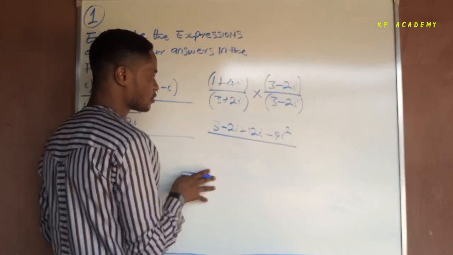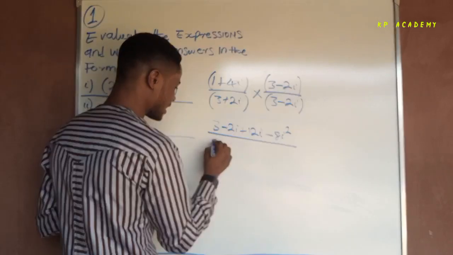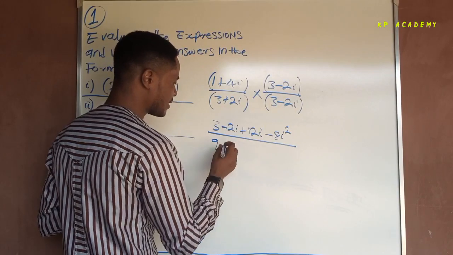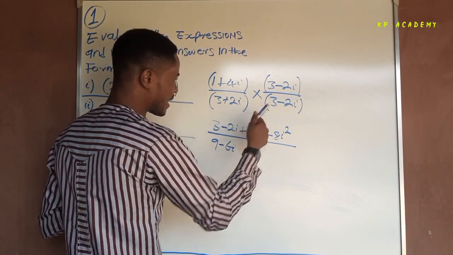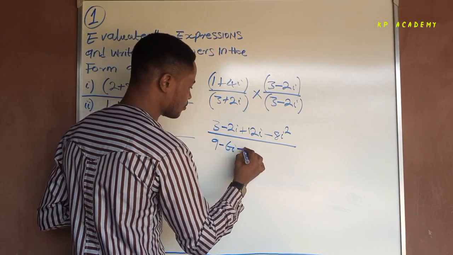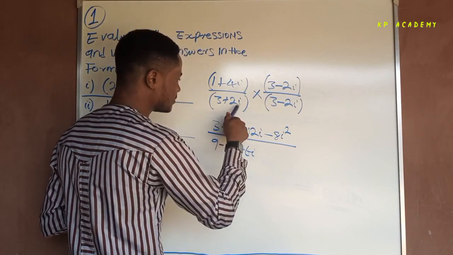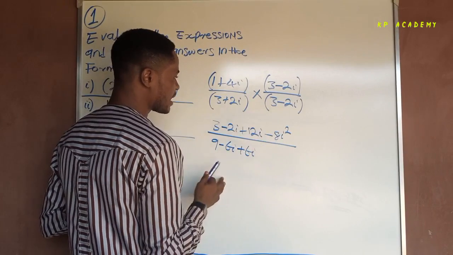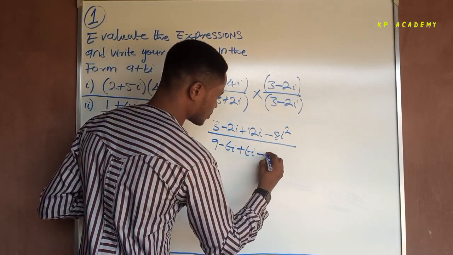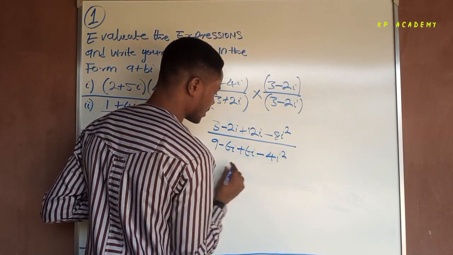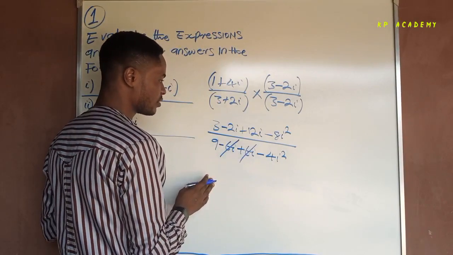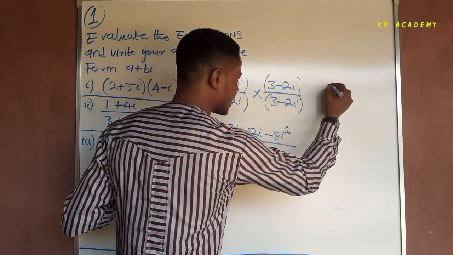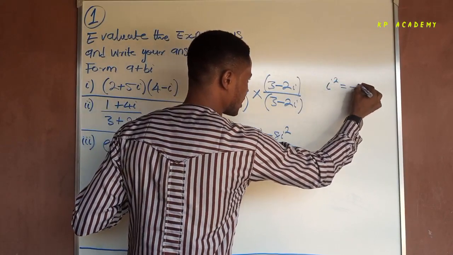Now down to the denominator, we have that 3 times 3 gives us 9, 3 times minus 2i gives us minus 6i, plus 2i times 3 gives us plus 6i, then plus 2i times minus 2i gives us minus 4i squared. Now notice on the denominator that this can cancel this. Very important. And again, don't forget that we say that i squared is equal to minus 1.